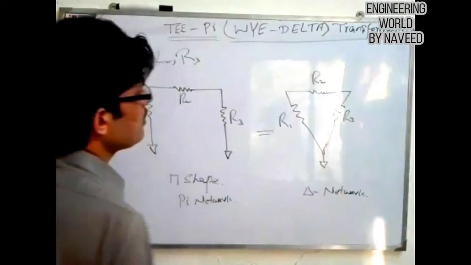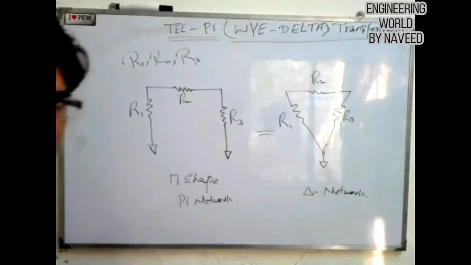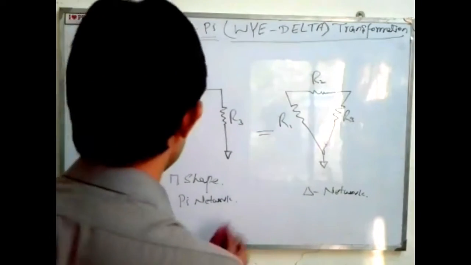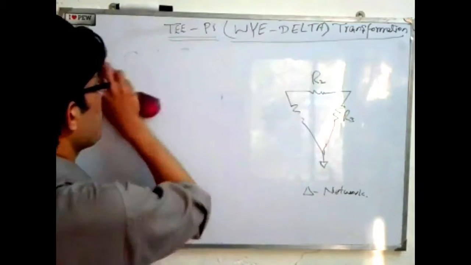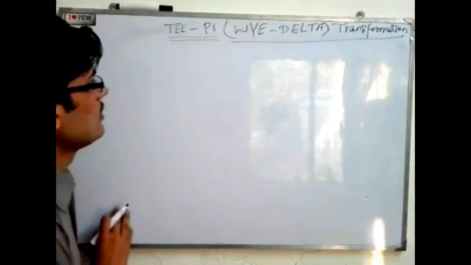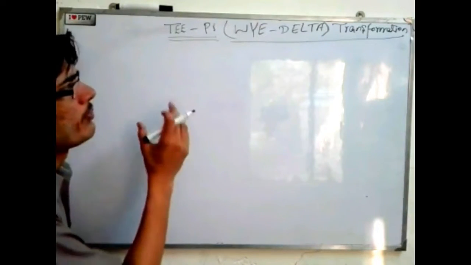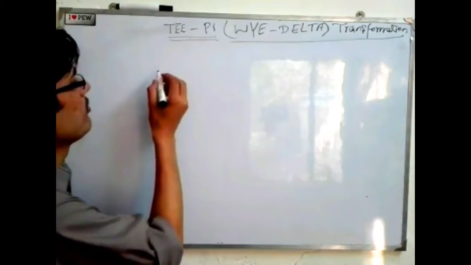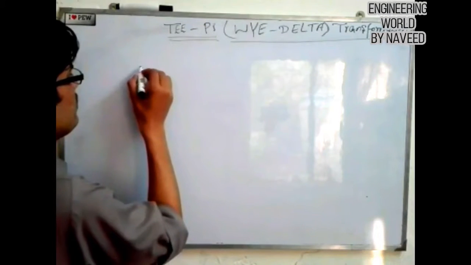And both these are equivalent. Now let's do the transformation. Let's draw the pi network on the same parallel line.